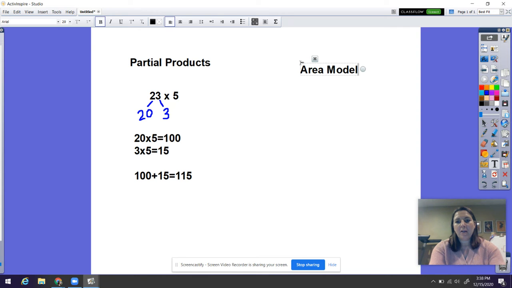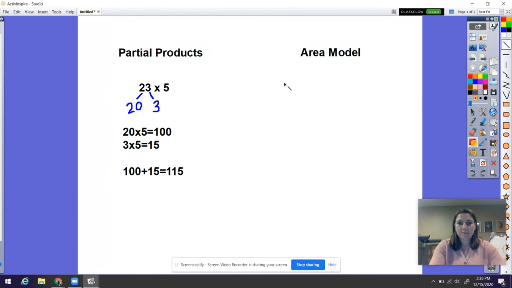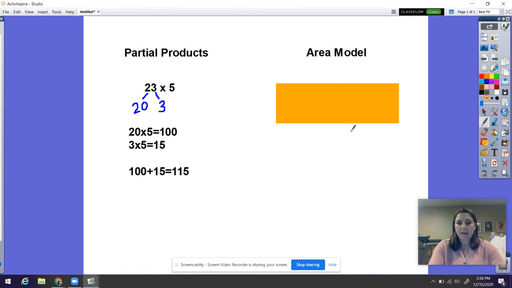The area model uses the same idea of partial products, except that it uses what we call an area model. So an area model means a shape. In this case, these are usually rectangles. And when we find the area of a rectangle, we multiply one side by the other side.